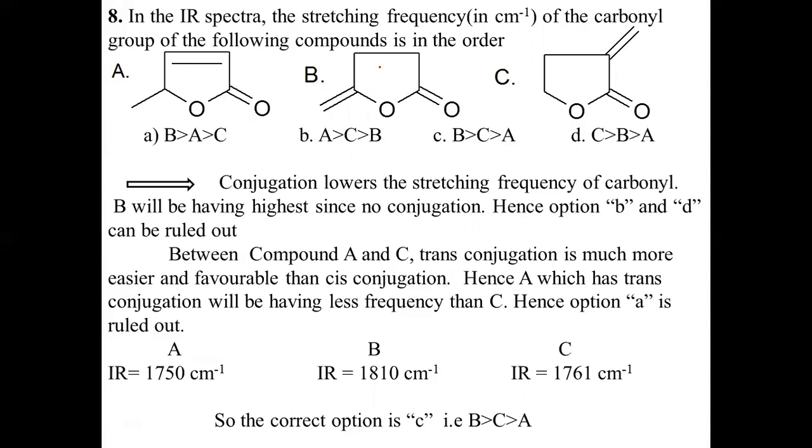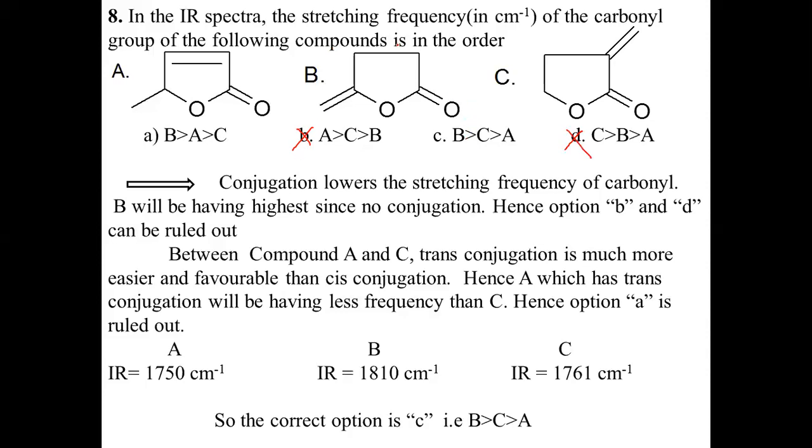Here you don't have resonance possible, and here of course you have resonance possible due to conjugation. We know resonance lowers the frequency. So obviously C and A will have lesser frequency compared to B. So when you look at the options, I can omit B and D. You're left with options A and C.